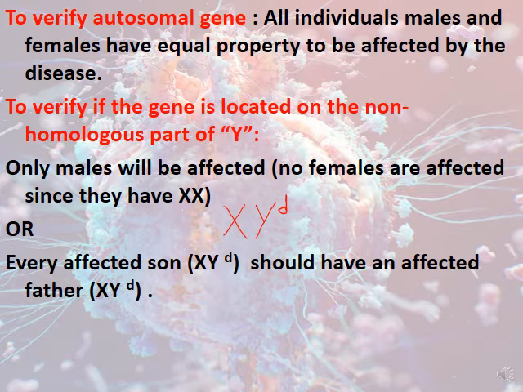This person is affected since he has one copy and it's found on the non-homologous part of Y. So this YD should be inherited from where? From the father. So if we have YD, it should be inherited from the father, and the father should be affected. This is another case to prove this.